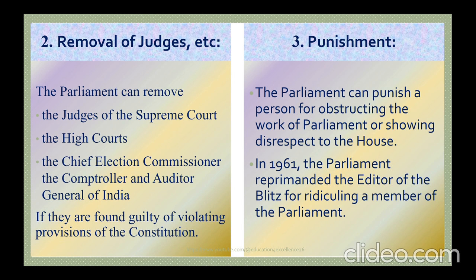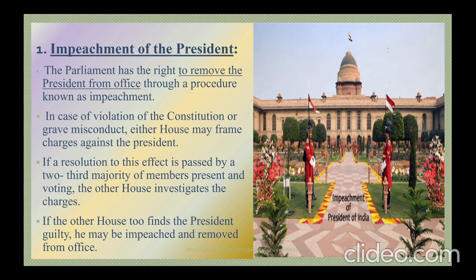This impeachment procedure is the most powerful procedure, where if the president, or the Supreme Court Chief Justice, or the main dignitaries I mentioned are found guilty, a resolution can be passed by either of the houses by a two-third majority.